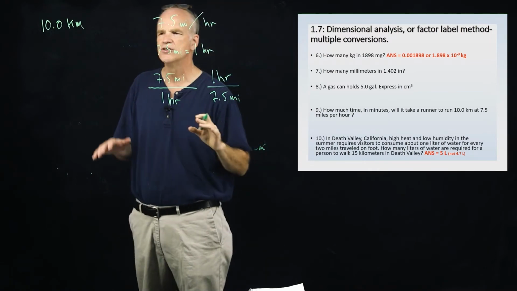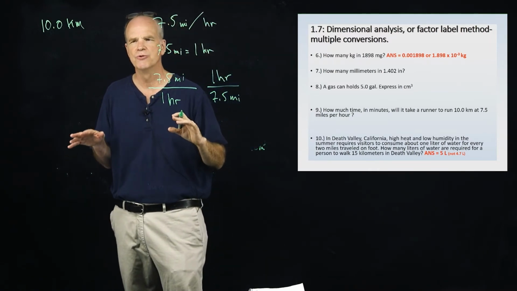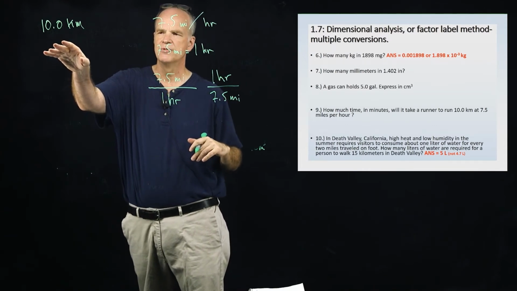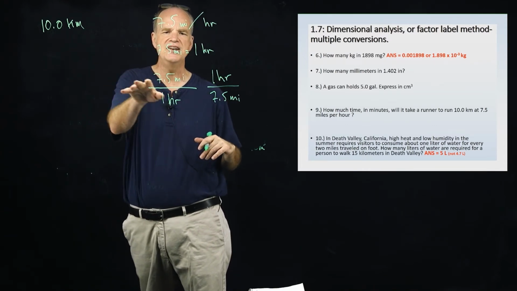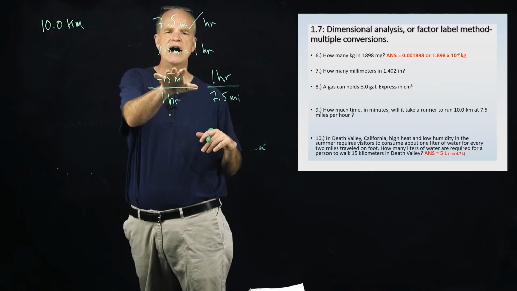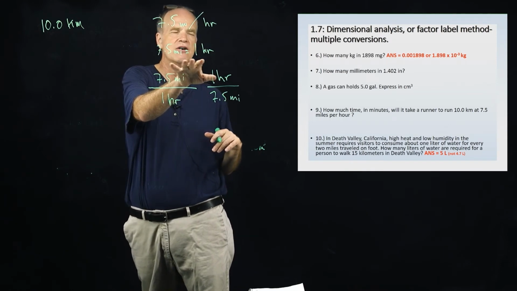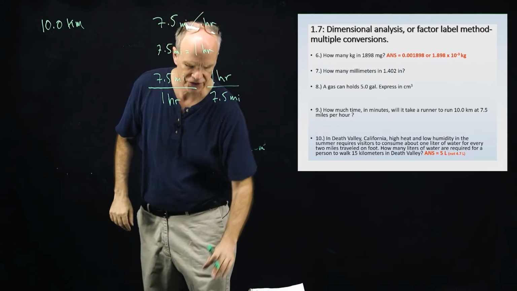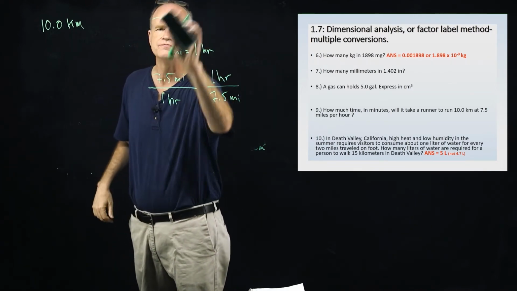So this gives us a little bit more information to solve the problem. What it suggests to me is we want to start out with this number, 10 kilometers, and then eventually use 7.5 miles is equal to 1 hour as a conversion to get to the answer. So let's go ahead and take that approach.